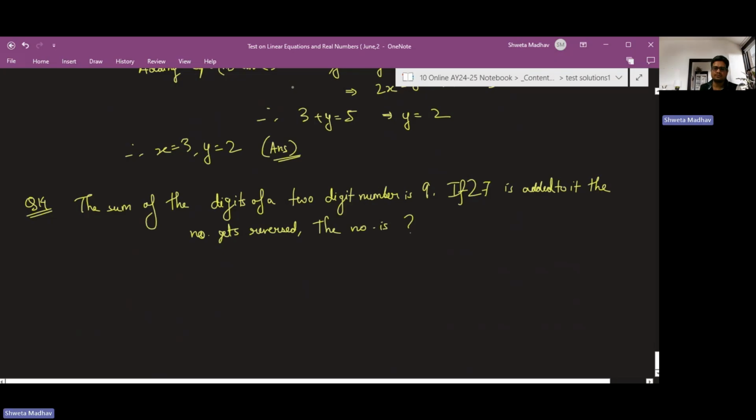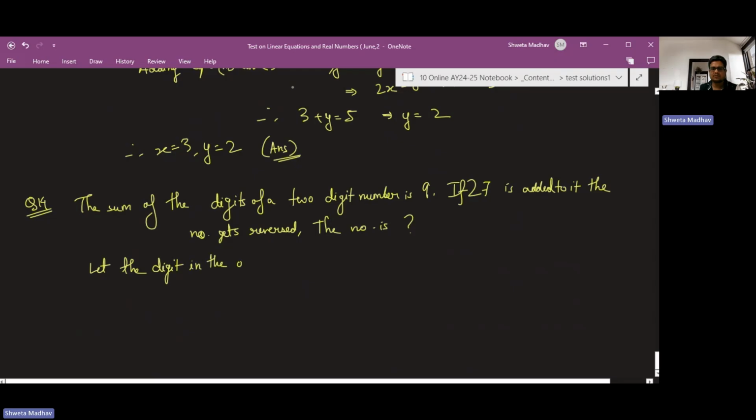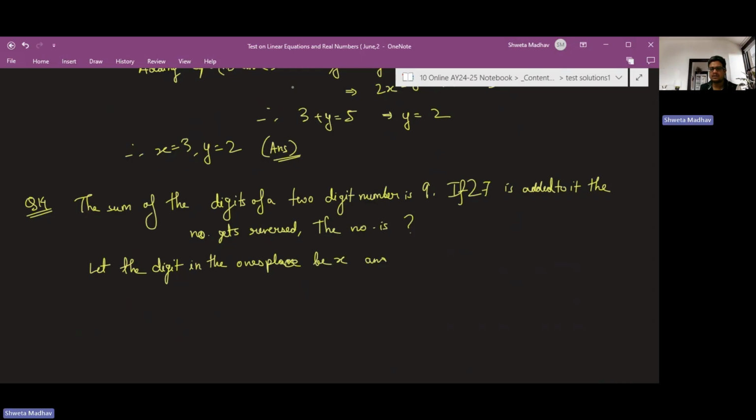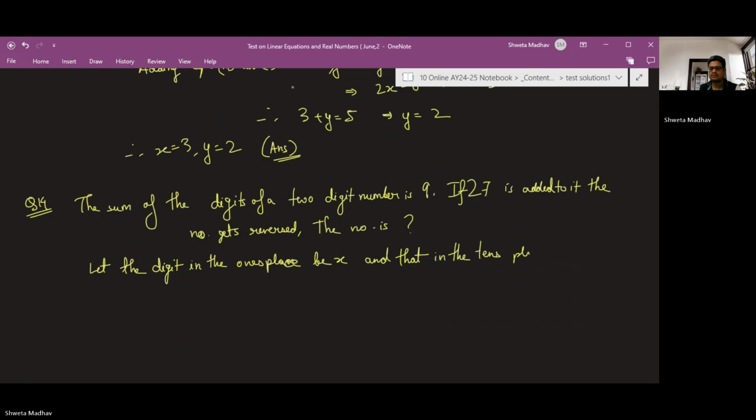Now, let the digit in the ones place be x, and that in the tens place be y.